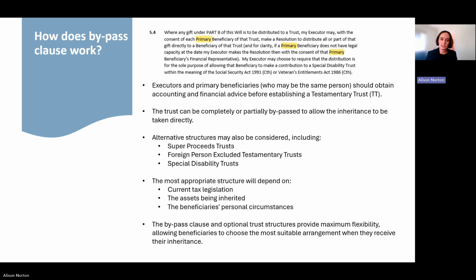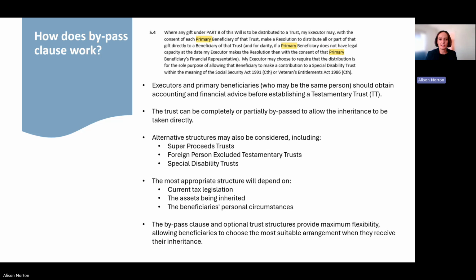They also have the ability to establish a special disability trust. So if they had a disability, like they'd had a bad accident or something like that, they can use this particular type of trust, which I won't go into now, but there can be tax benefits and also can help them keep any disability pension that they might be getting.